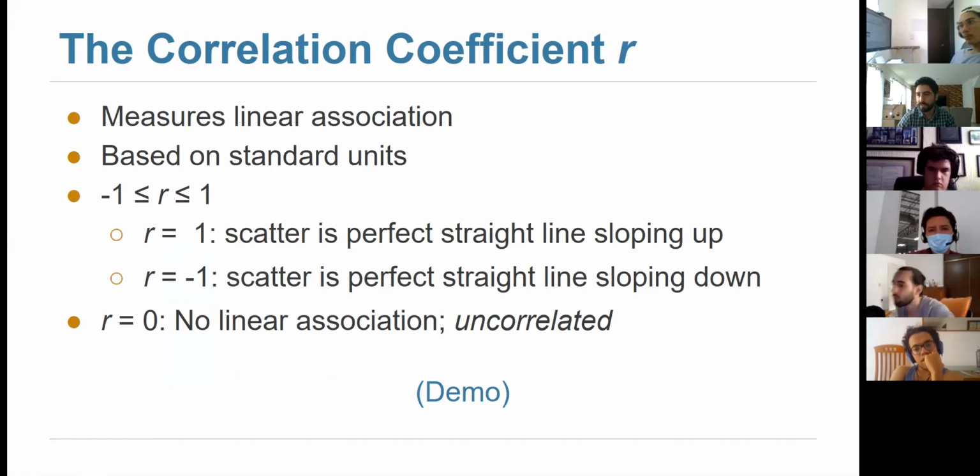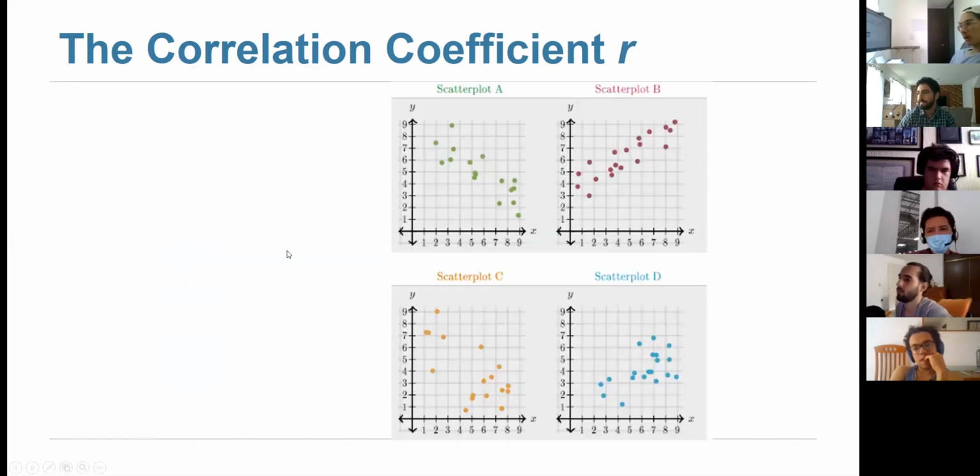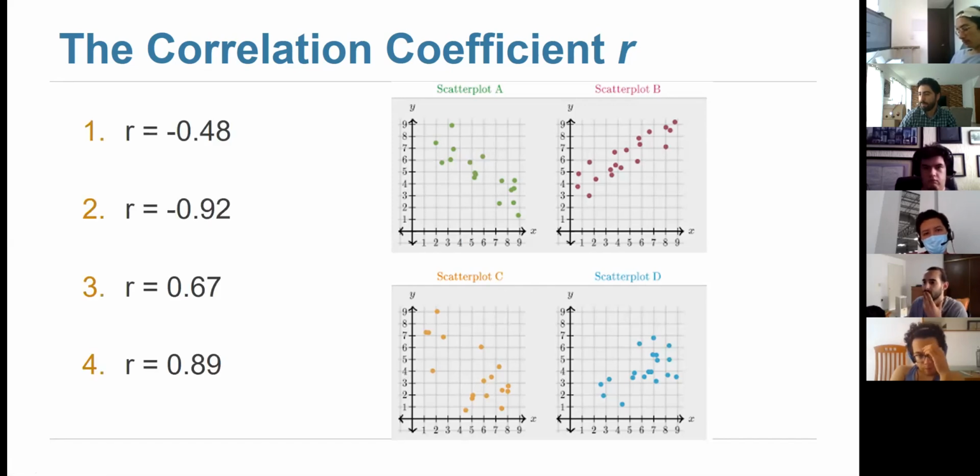Okay, so if you got it, we have these 4 scatter plots, and we have 4 different correlation coefficient or R values. I want you to associate them. For example, for scatter plot A, which R belongs to it?